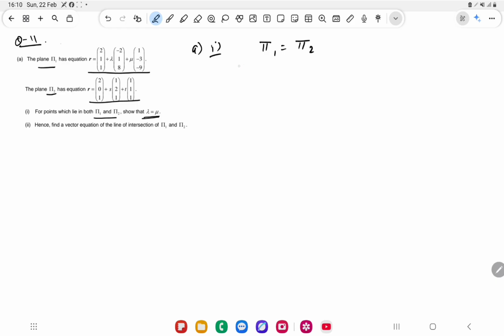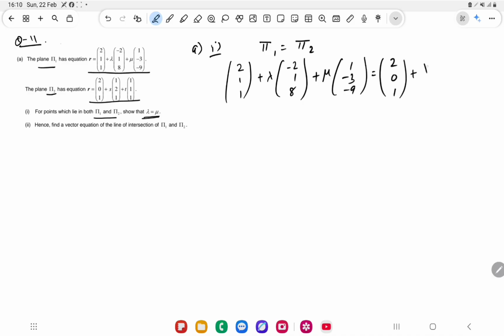So I can write r values. 2 plus lambda times (-2, 1, 8) plus mu times this should be equal to (2, 0, 1) plus s times (1, 2, 1) plus t times (1, 1, 1).